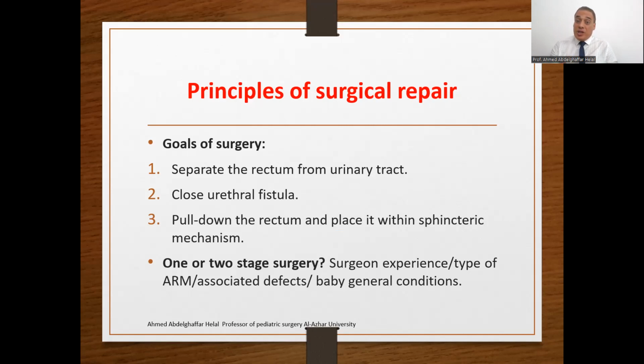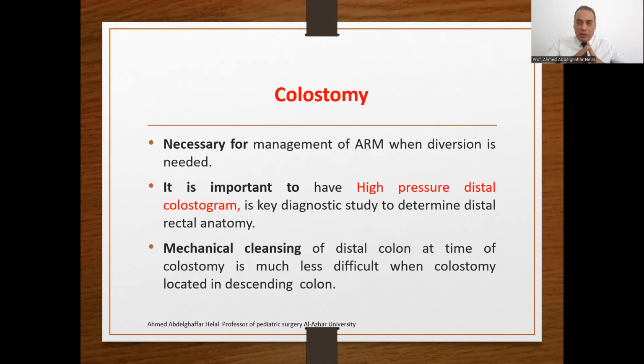Surgeon experience is very important. Type of the anorectal malformation, associated defects, and the baby's general condition, all these factors contribute to the pediatric surgeon's decision to choose primary or delayed surgery. The colostomy is very important in the cases of anorectal malformations when diversion is indicated or needed.